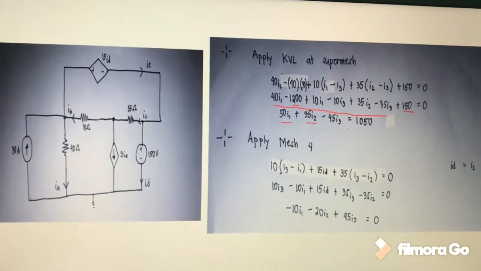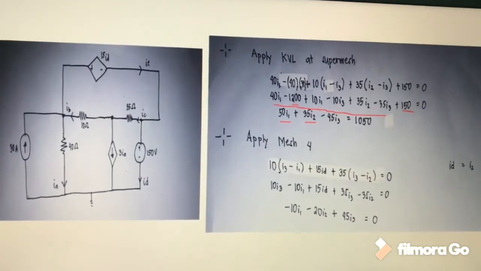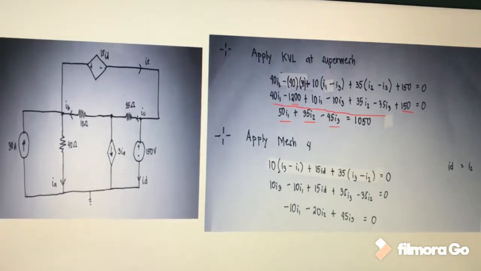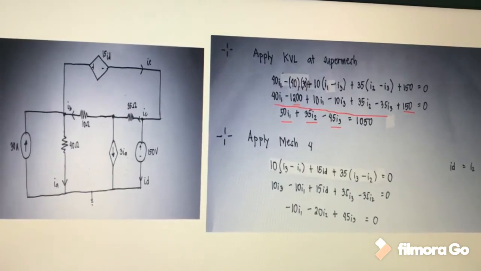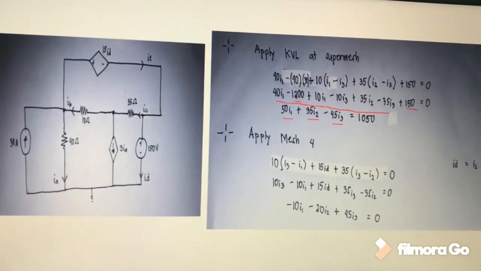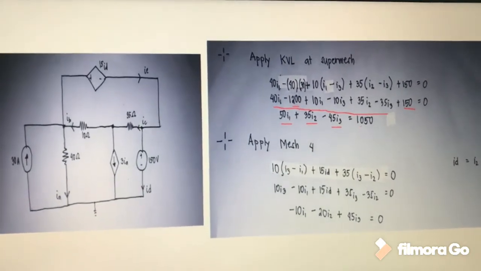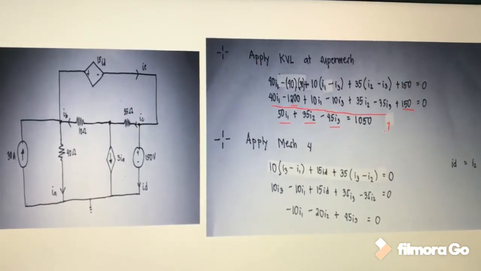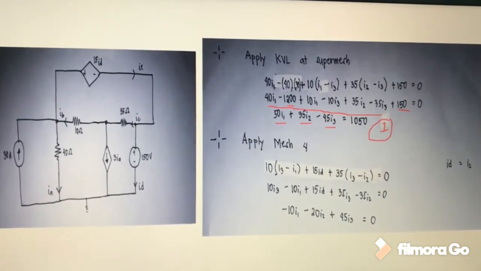Solve for I3, which are negative 10 minus 35, which will become negative 45 I3. And solve for the constants. The constants are negative 1,200 plus 150, which will become negative 1,050. And this will be our first equation.